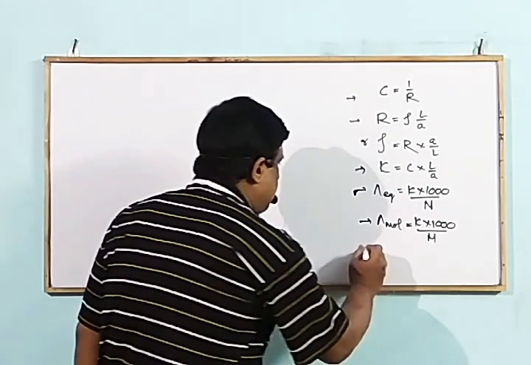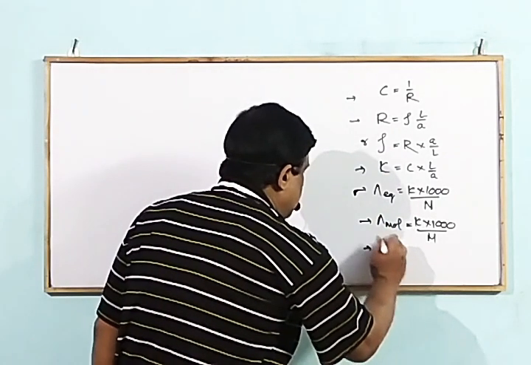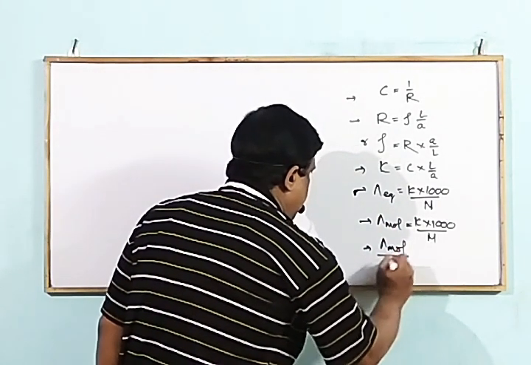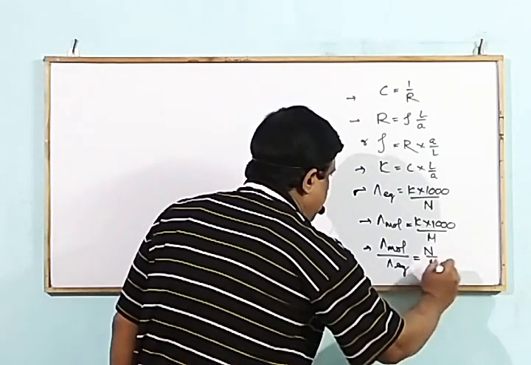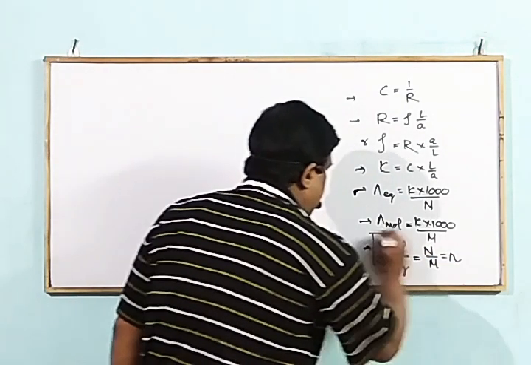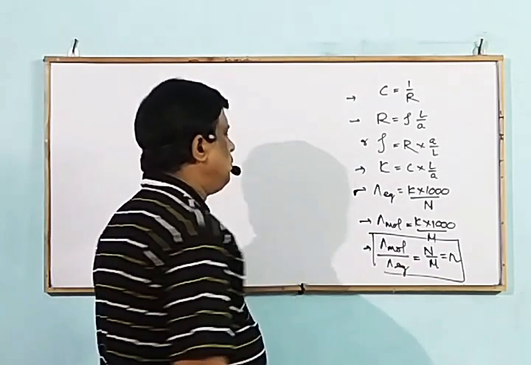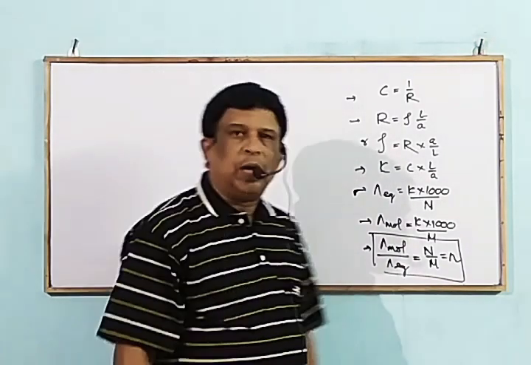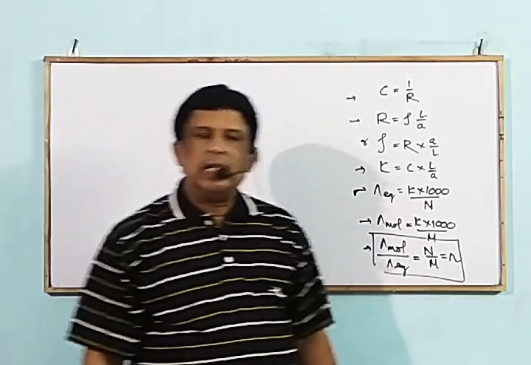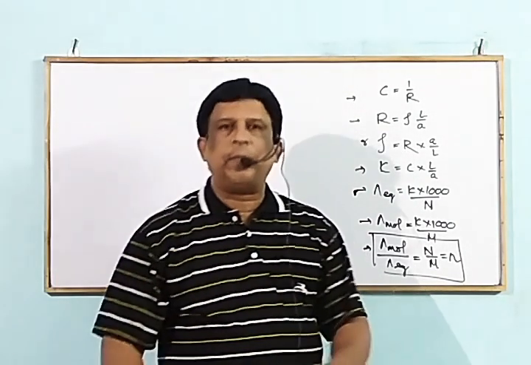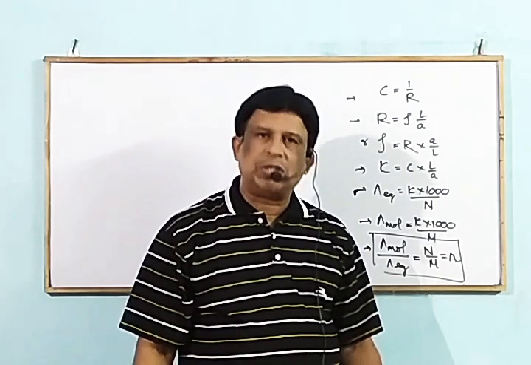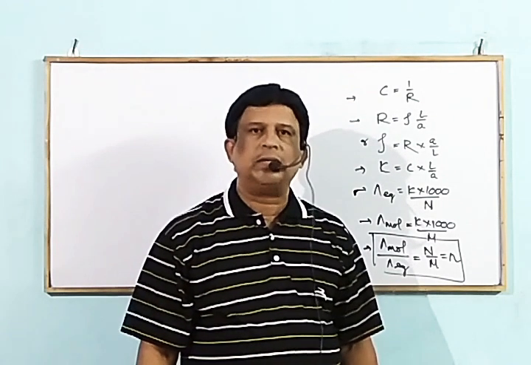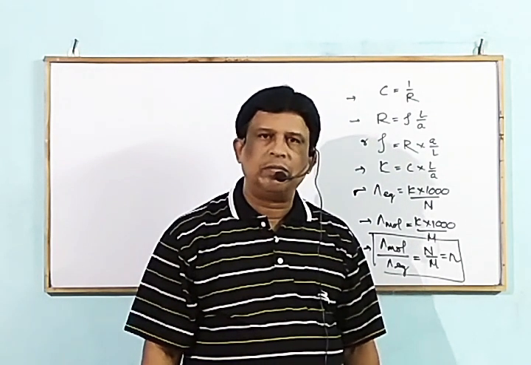And the relationship between them: molar conductance by equivalent conductance is normality by molarity, which is known as the valency factor. What is a valency factor? It is the acidity of a base, the basicity of an acid, and for a salt, the total valency of the metal atom.